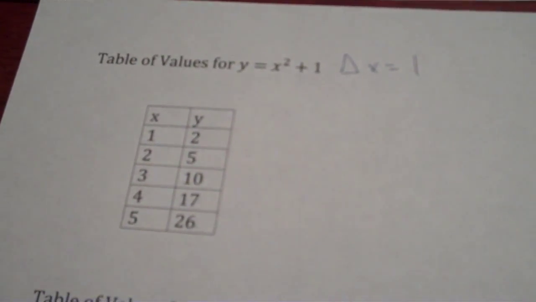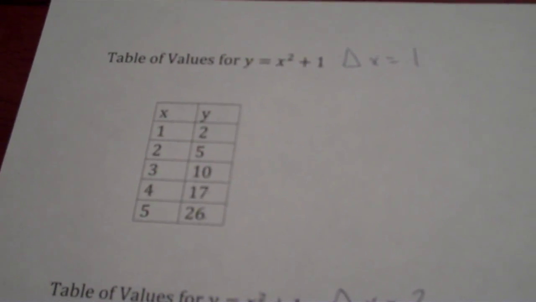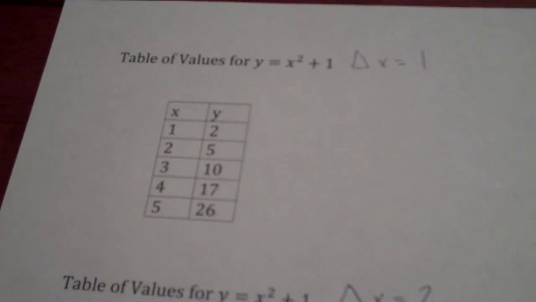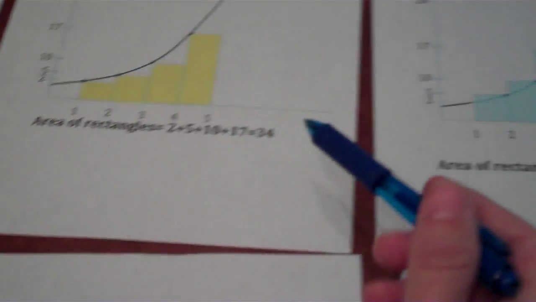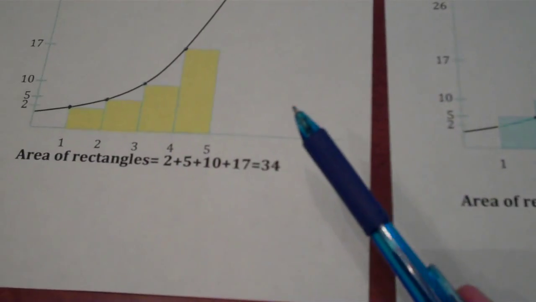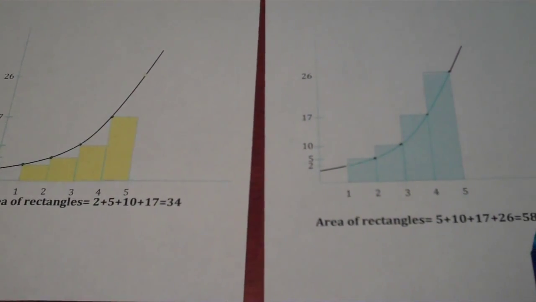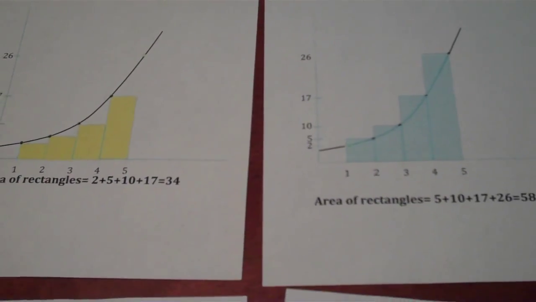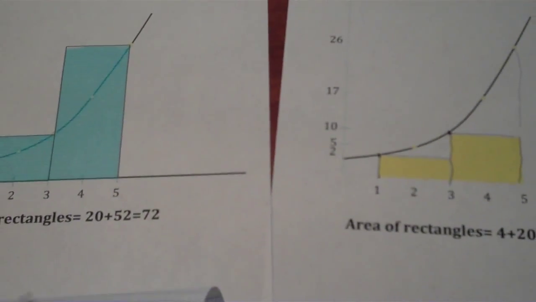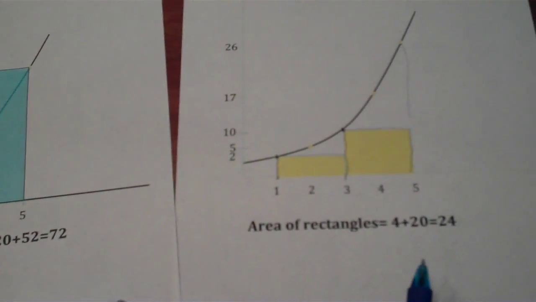In both cases, I left off literally one of the values from the chart. You'll notice this time too that the values that I got from the rectangles were more accurate. I got 34 and 58. The previous time, the values that I got were 72 and 24.